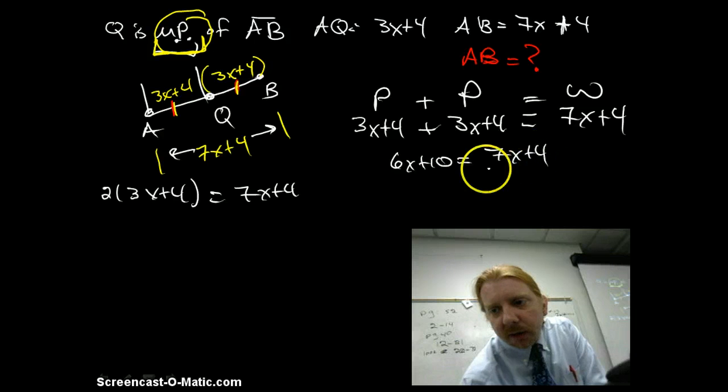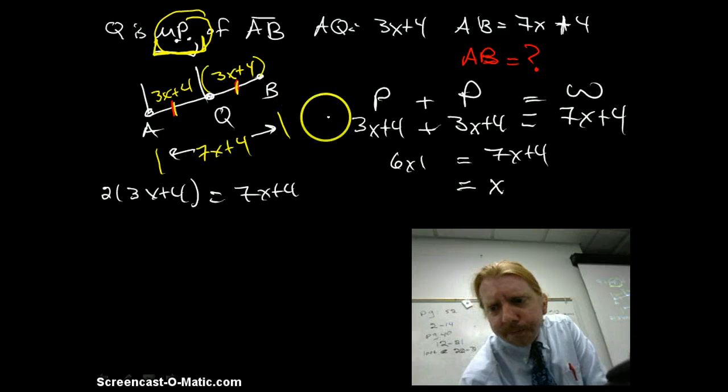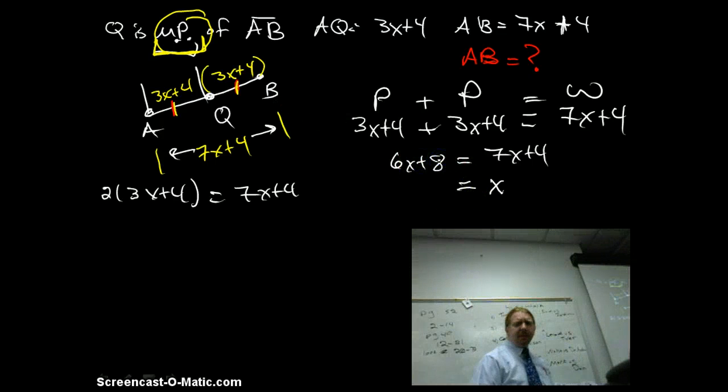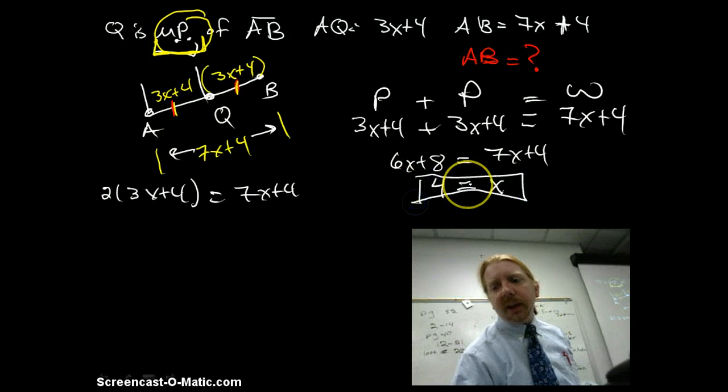So I subtract this from each side, gives me an x over here. Yeah. It's not 10, it's 8. There we go. For a second I was getting a weird answer. And then subtract the 4 from each side gives me 4 as an answer. X must be 4 in this case.